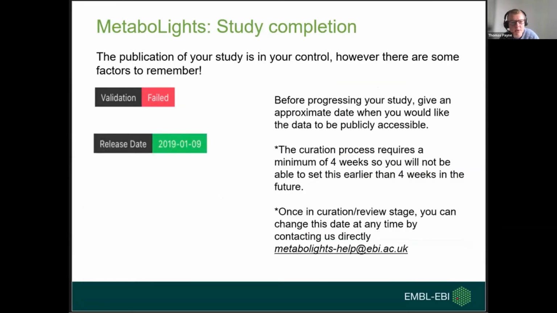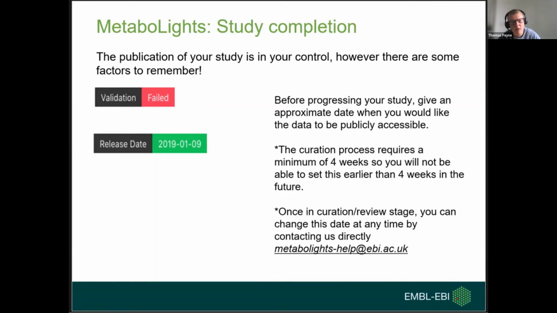And before progressing your study, please give an approximate date of when you would like the data to be publicly accessible. The curation process requires a minimum of 4 weeks, so you'll not be able to set this earlier than 4 weeks in the future. And once in curation or in the review stage, you can only make changes by contacting us directly at metabolites-help@ebi.ac.uk.